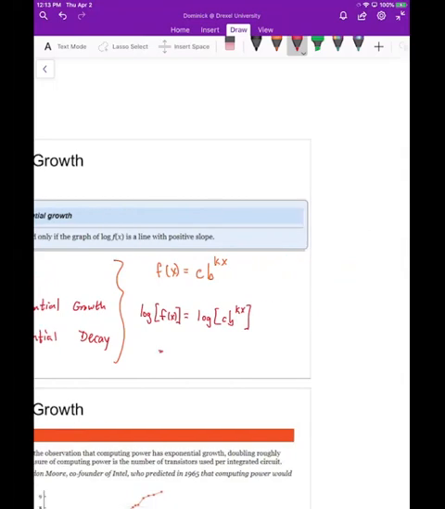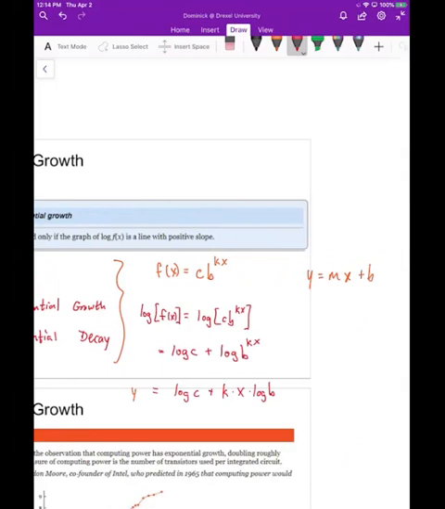So we could say that this is log of c plus log of b to the kx. And then by the power rule, we can bring this down. We have log c plus k times x times log of b. And of course, you can make this into a linear equation, y equals mx plus b.